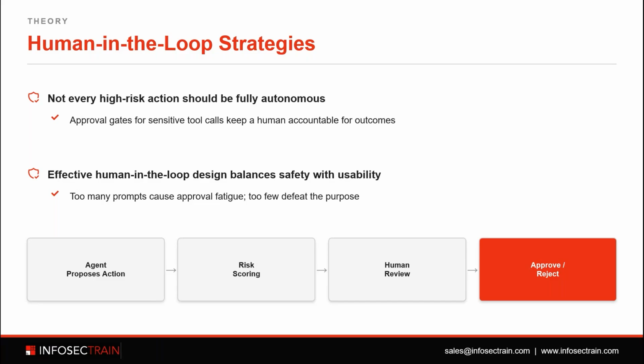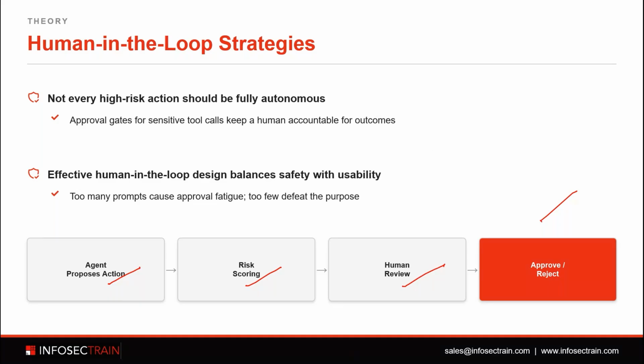It provides a fail-safe against adversarial attacks like prompt injection or model poisoning, and it builds trust with users, regulators, and stakeholders by showing humans remain in control, right? So the agent proposes an action, there will be risk scoring, and then a human review. On the basis of human review, the output will be either approved or rejected, right?